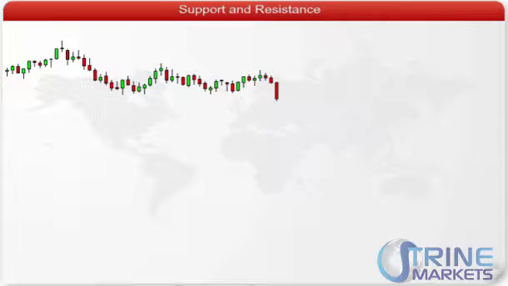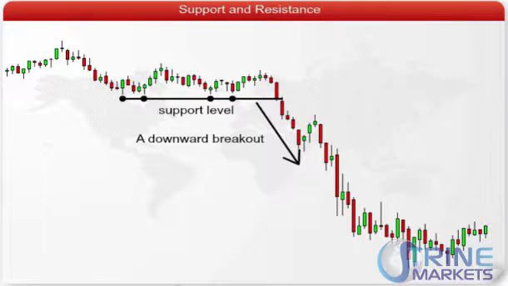The support level is represented in the diagram by a horizontal or near horizontal line that connects several troughs. The more troughs on the same price level, the stronger the support level. Usually, when a breakout of a strong support level occurs, a trend reversal can be expected, with the price continuing to move in the direction of the new trend.